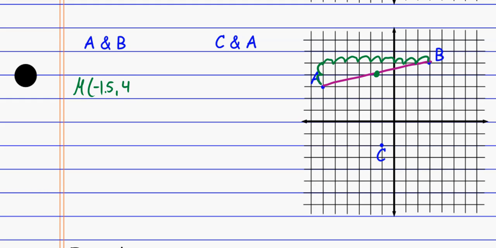So the midpoint on this one is -1.5, 4. If I look at C to A, same kind of thing, halfway down, halfway over. So if I count down and over, that would be 1, 2, 3, 4, 5 units down. Then 1, 2, 3, 4, 5 units over. And so if I want to count halfway, it's down 2.5, over 2.5, which is right here.